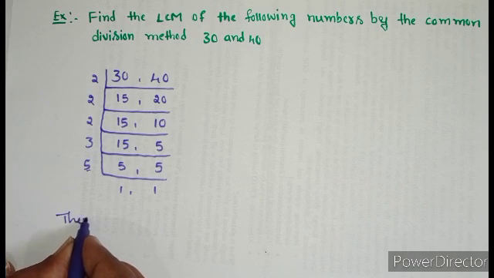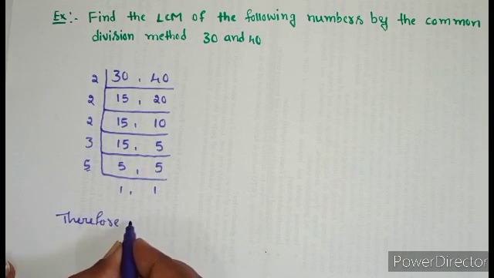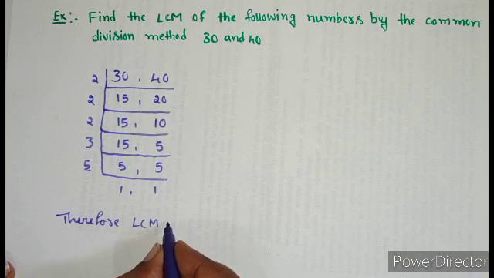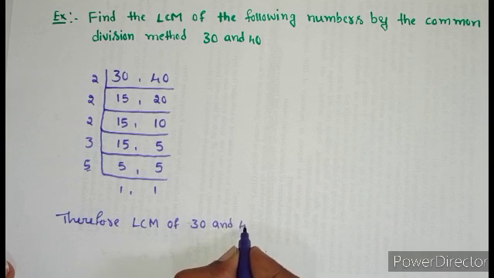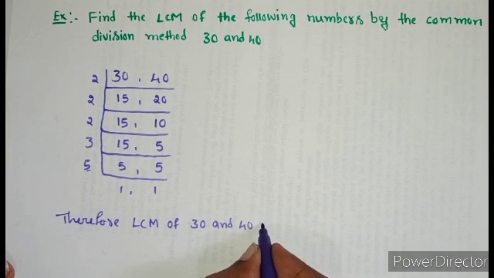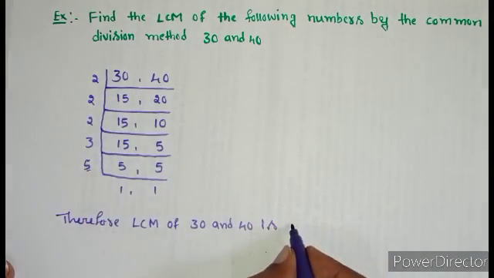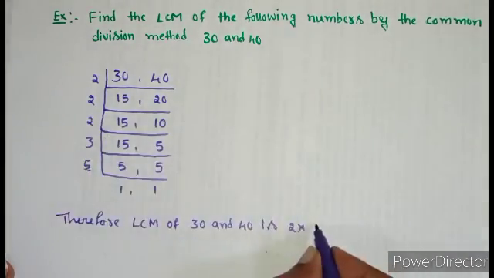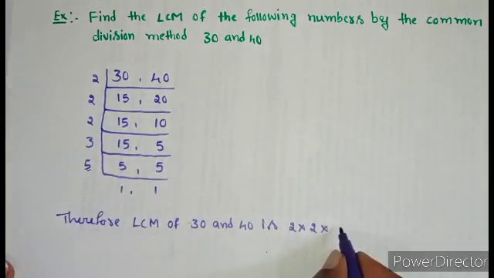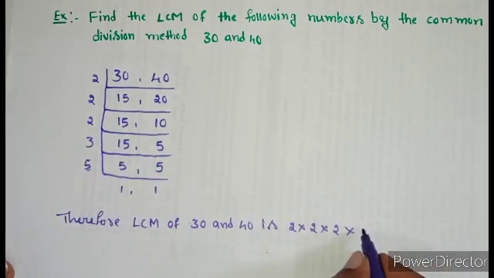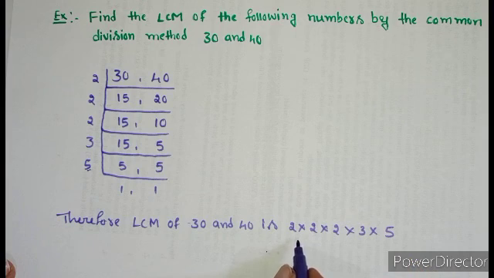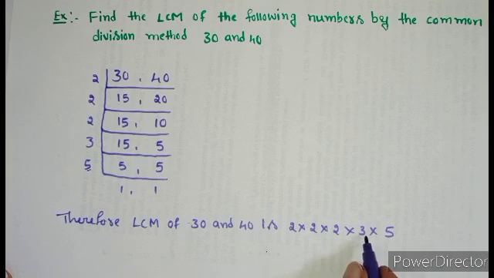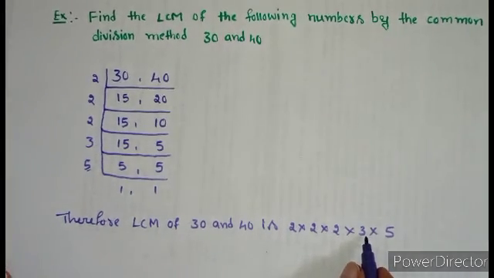Therefore, LCM of 30 and 40 is 2 into 2 into 2 into 3 into 5. Okay, now I am going to multiply these numbers. 2 2s are 4, 4 2s are 8, 8 3s are 24, 24 5s are 120.